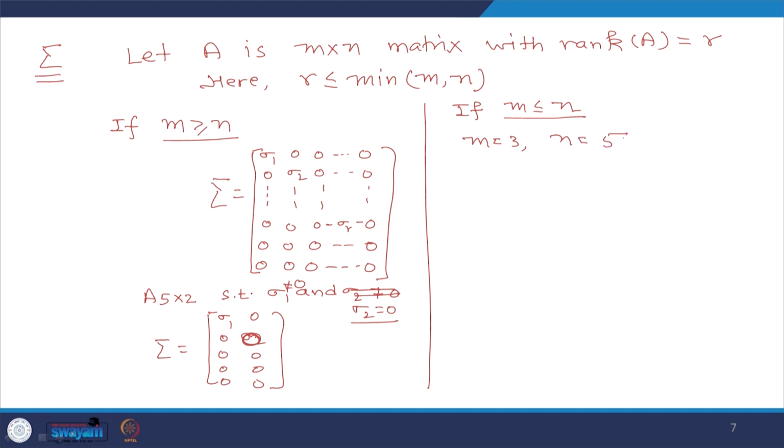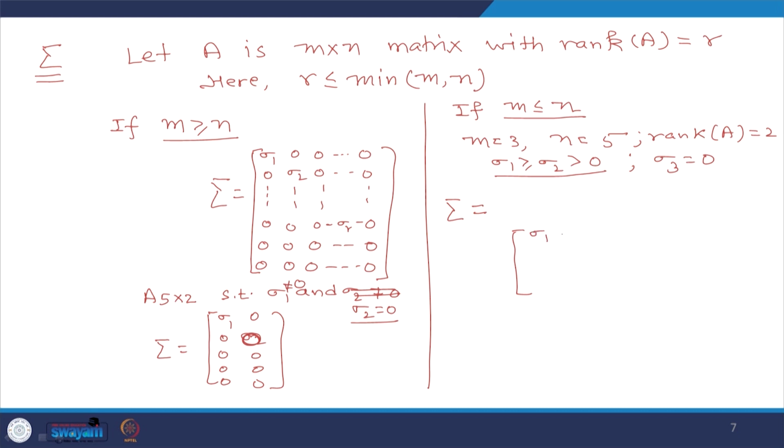So, the number of rows is 3 and the number of columns is 5 and rank of A is, let us say, 2. So, it means sigma 1 is greater than sigma 2 and they will be strictly greater than 0 because rank is 2. So, 2 of the singular values will be non-zero and sigma 3 equals 0.